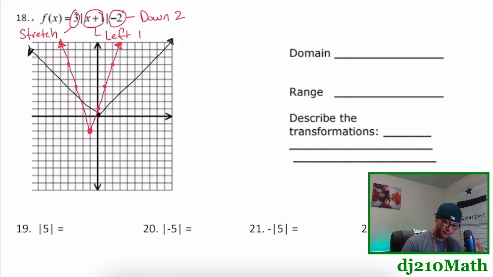So the domain is negative infinity to infinity, always. The range is from the y coordinate of the vertex, so negative 2, bracket, because it's a closed circle, up to infinity. And it's stretched by a factor of 3.